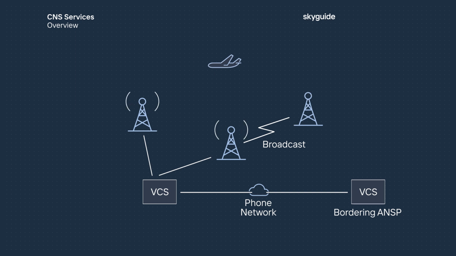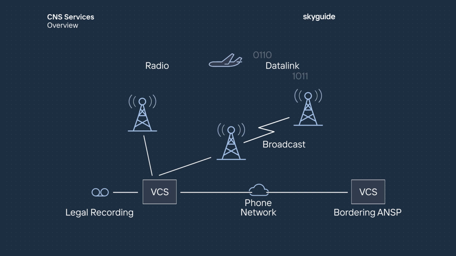Broadcasting systems continuously distribute environmental information, such as weather or runway status, to all aircraft. Finally, we have the legal obligation to record all the communication in order to have the possibility to investigate in case of issues or problems.